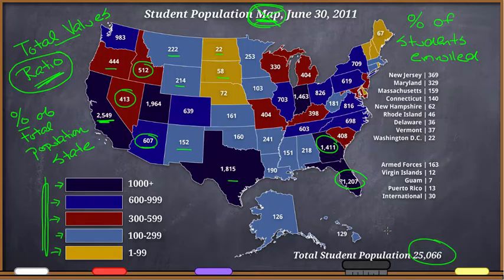Where is their market? What students are they most reaching out to? So I would be interested in what percentage of the students are enrolled as well. This would also be a ratio, and it would be a much better thing to show on a Choropleth map than these total values. So I think that this map is ineffective on a few different levels.